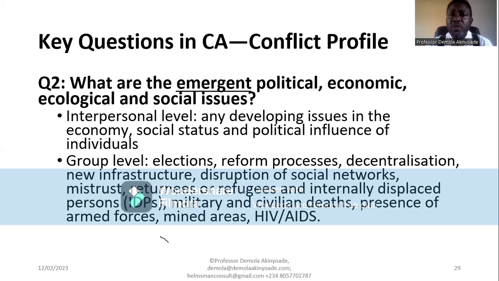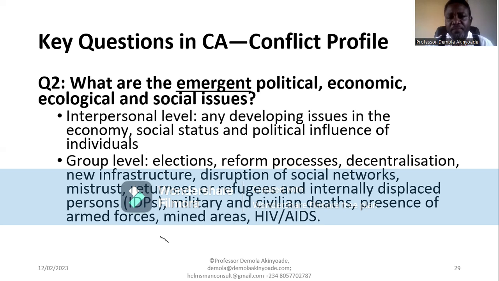For instance, a few months to the election, we had the issue of naira change. I mean, currency change, naira scarcity. All these were issues before we had the elections.